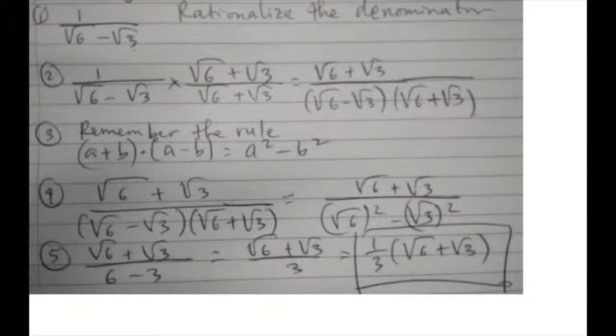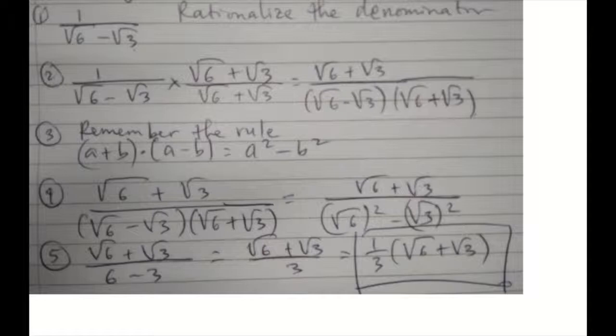And then we move to the last question. Simplify 1 over square root of 6 minus square root of 3 by rationalizing the denominator. So the first step is how we actually rationalize the denominator. We rationalize the denominator by finding the inverse operation of it.